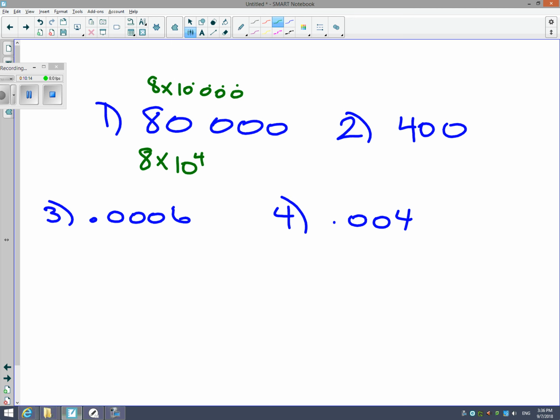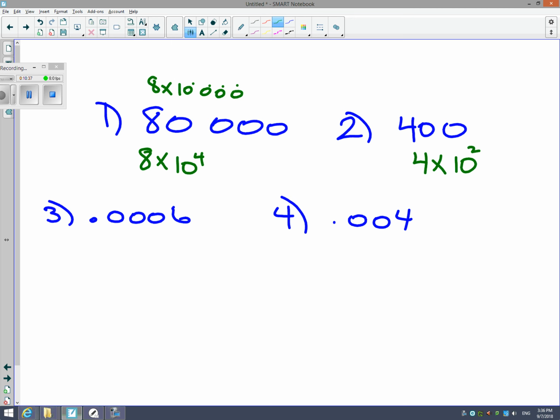And we were getting really quite good at that, breaking it apart to be what number times 10 to what exponent. So if we're looking at this one here, 400, it was 4 times 100, so we knew that in our head. And then just by counting the zeros, most people are easily able to say that it's going to be 10 to the exponent 2.